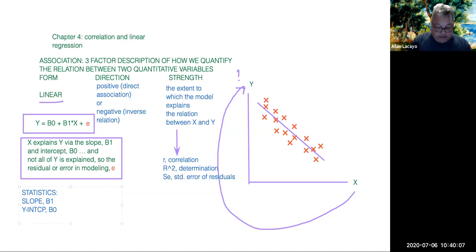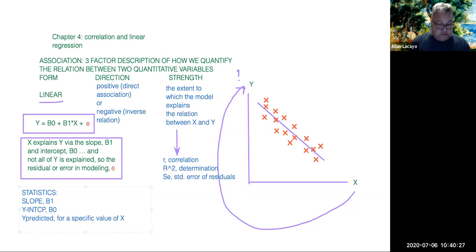The predicted values of y, which is when we plug in a specific value for x and we observe what y is.